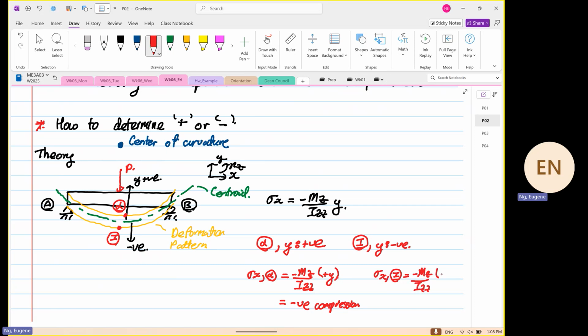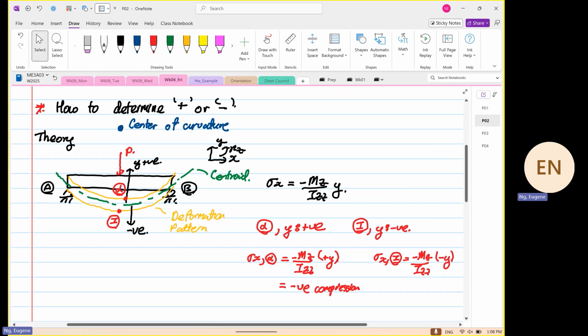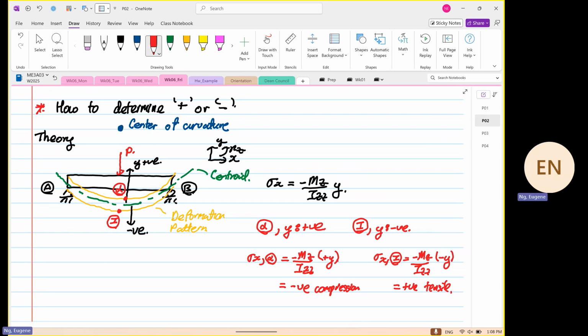Now this is equal to minus what? Minus y. Negative and negative will give you a positive. This is equal to what? Tension. So we know the stress at I is going to be positive, and we know that stress at alpha is going to be what? Negative.